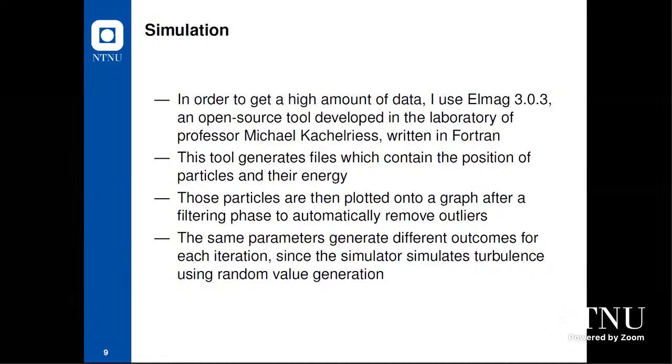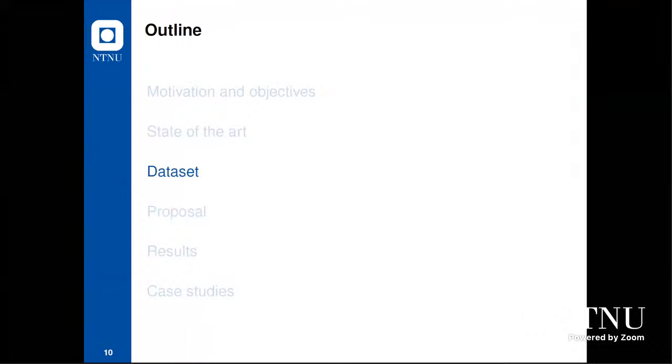The problem is that it is quite difficult to generate them in a short time because the simulation takes a lot of time. So for this reason, I haven't used a lot of data, actually.